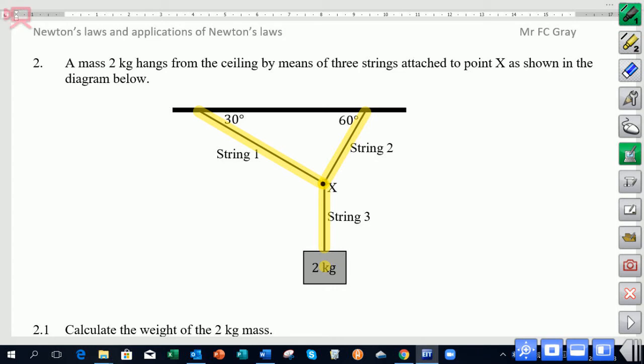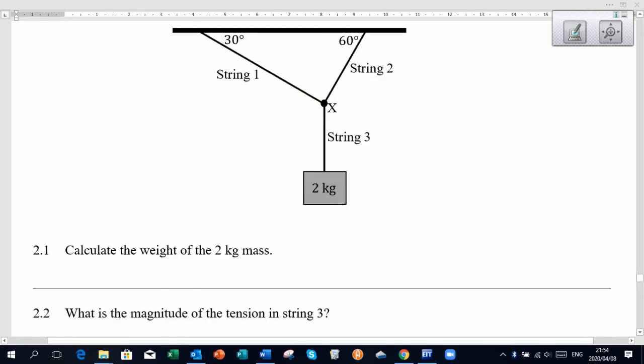So we need to identify where all the forces are acting, and in this case they're acting on point X. So if point X is at rest, then the net force acting on it is 0. There are 4 questions here. Calculate the weight of the 2 kg mass, that's nice and easy.